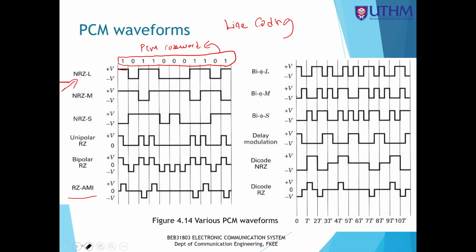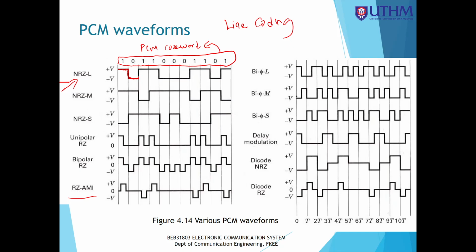So what happened here is that every time the input is 0, the polarity will change from positive to negative. So for NRZ-L, every time the input is 0, you're going to produce the output of negative voltage.